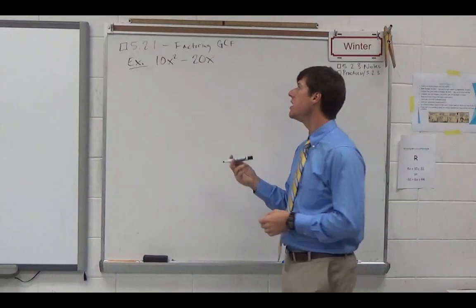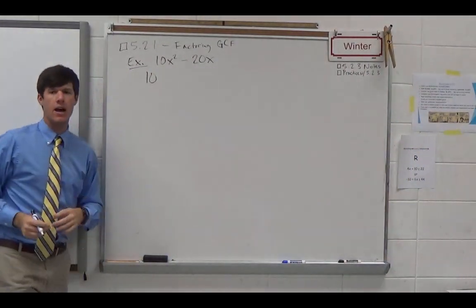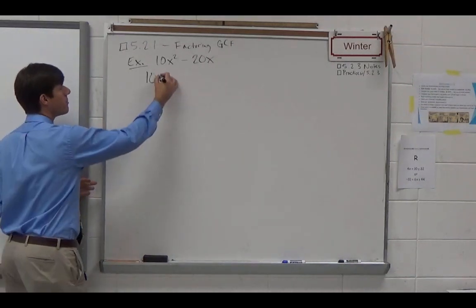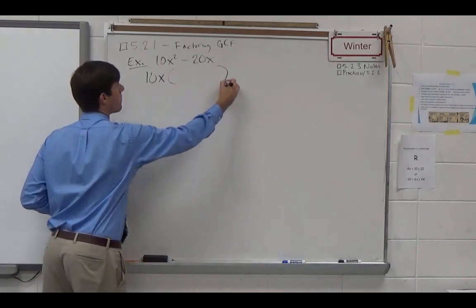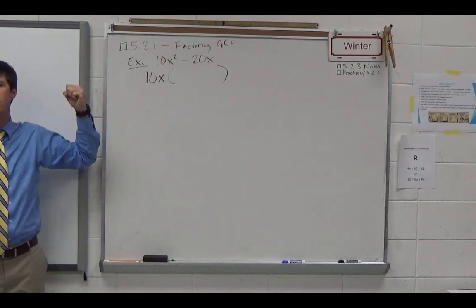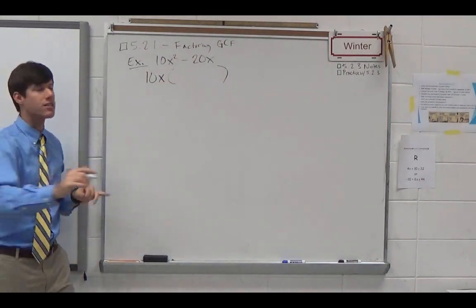So I hear the word 10, okay? And that's right, but I kind of need another piece of it. X, 10x. Notice they both have a 10 and an x to give away. So whenever I pull out that 10x, I've got to think to myself, if I pull out a 10x, what am I left with inside here? X. Just an x, that's correct.